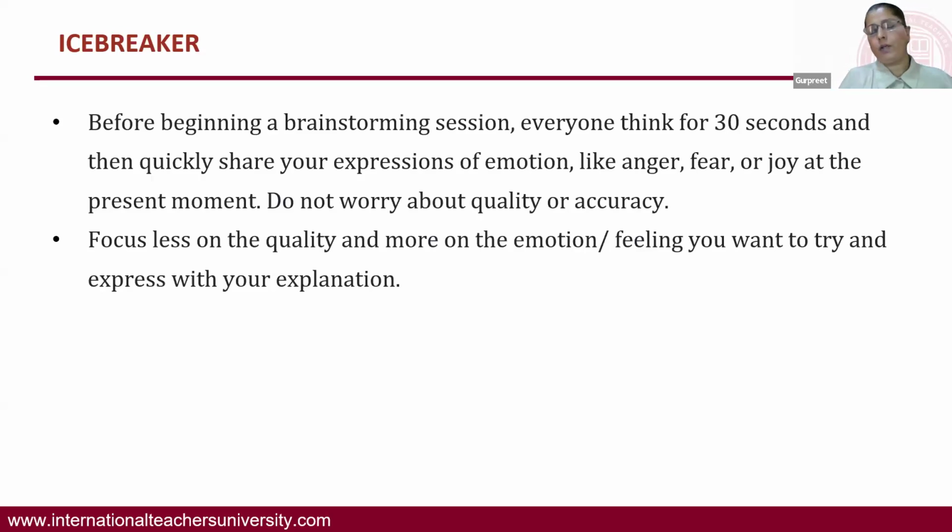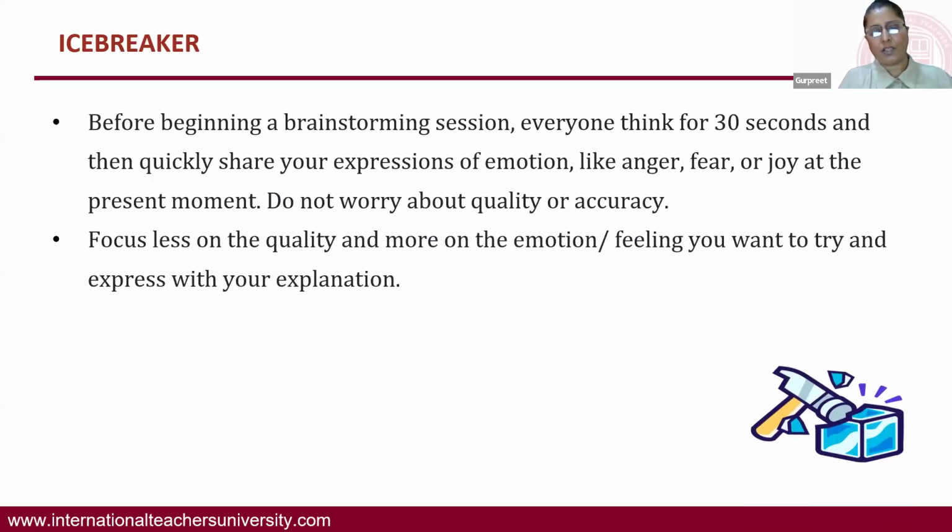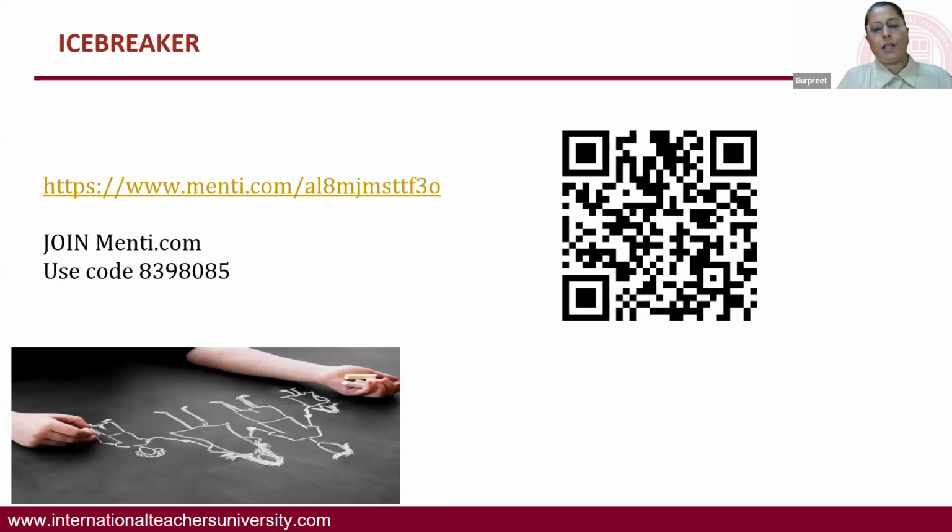Do not worry about the quality or the accuracy of the emotions you are putting up in the chat box or in the Mentimeter. Focus less on the quality and more on the emotion or the feelings you want to try and express. I would like to share the Mentimeter link in the chat box. Just give me a minute.